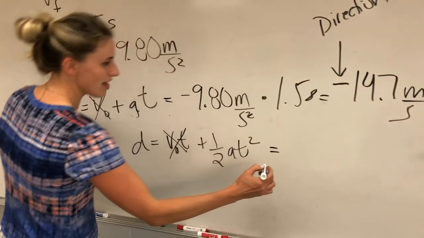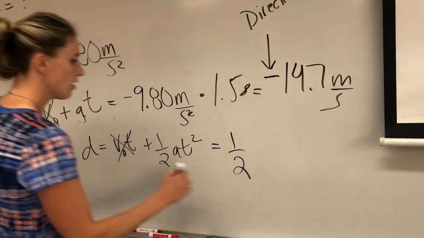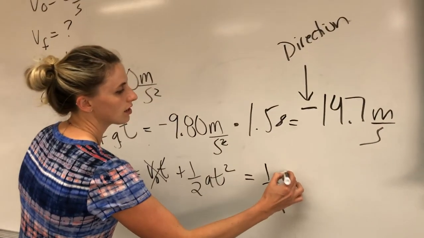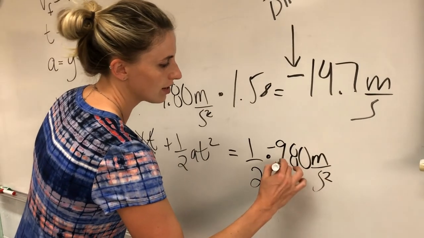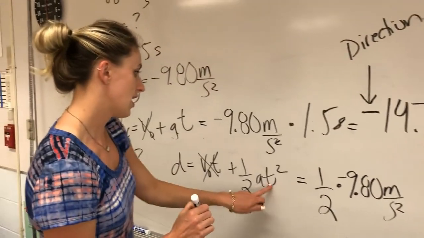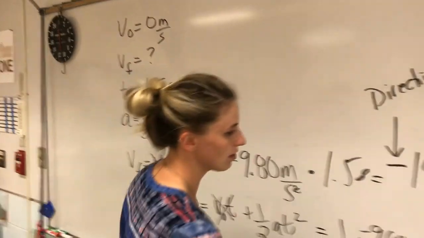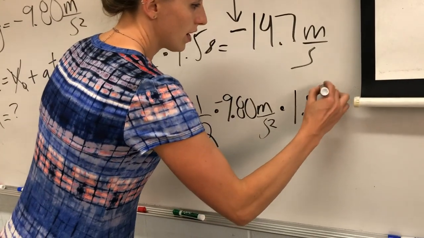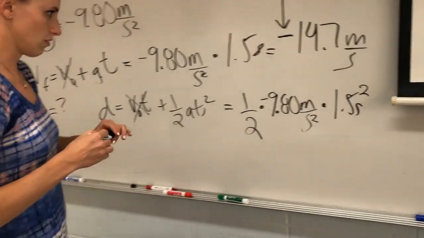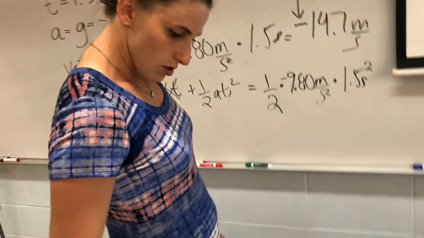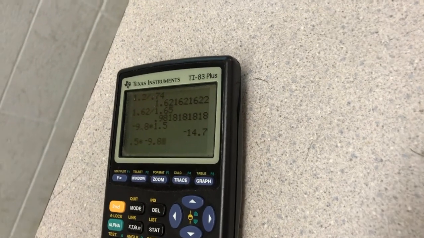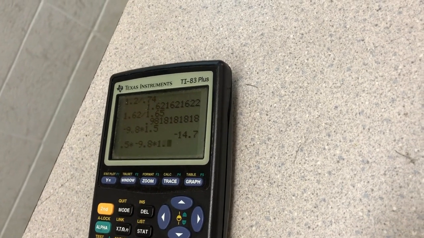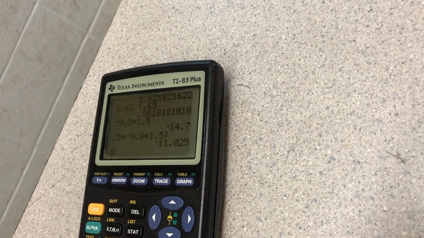So 1/2, my acceleration is negative 9.80 meters per second squared, and my time, 1.5 seconds, squared. So 0.5 times negative 9.8 times 1.5 squared, and I get negative 11.0.